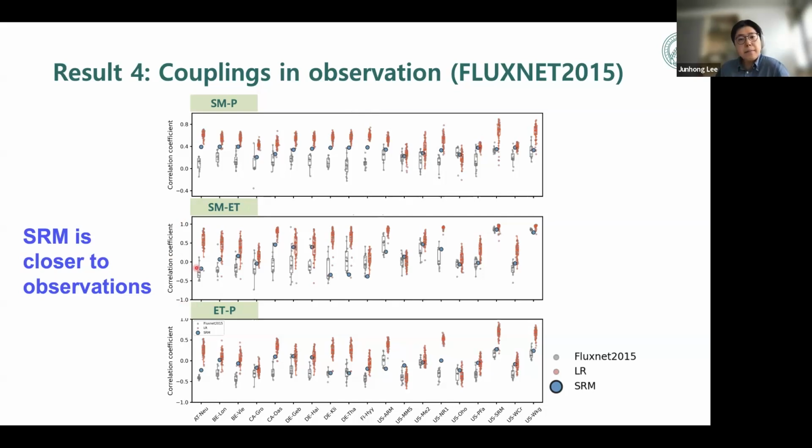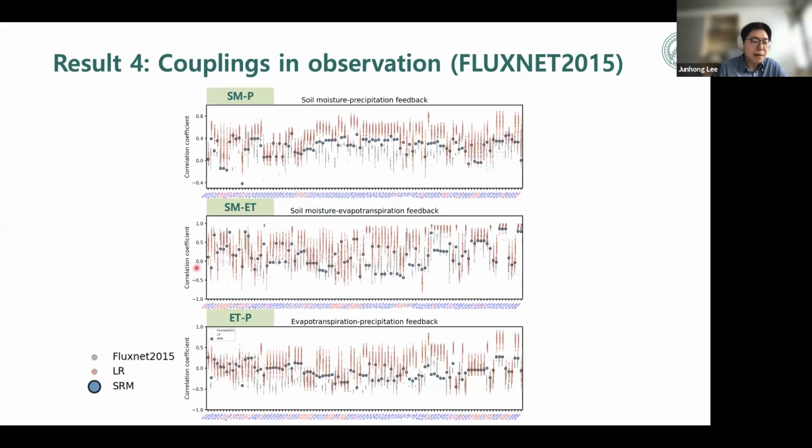Then, just to increase the number of sites, this time I plotted all the sites available for the analysis. I changed the color of the site name to blue if the storm resolving simulation is closer to the observation, and to red if the low resolution is closer to the observation.